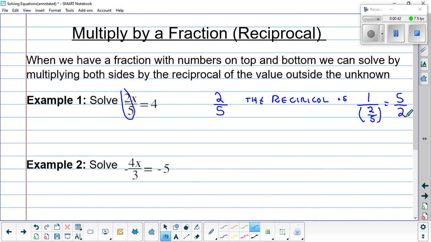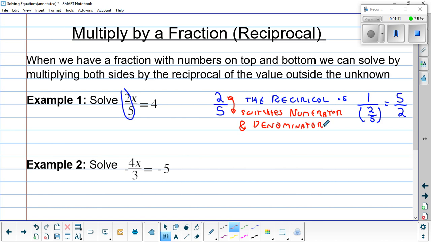If you remember, the reciprocal just switches the places. It switches numerator and denominator values. Okay. So if you multiply it by that, then we'll be fine.